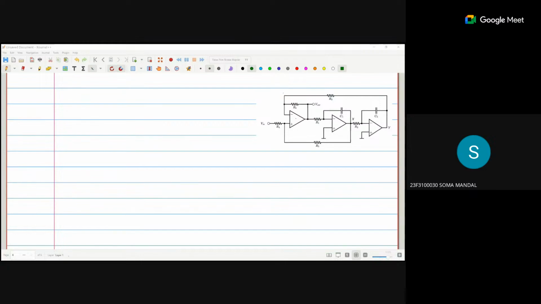We have to find Vy, Vx, then from the input to output, find out the ratio, Vout by Vin, and Vy by Vin.